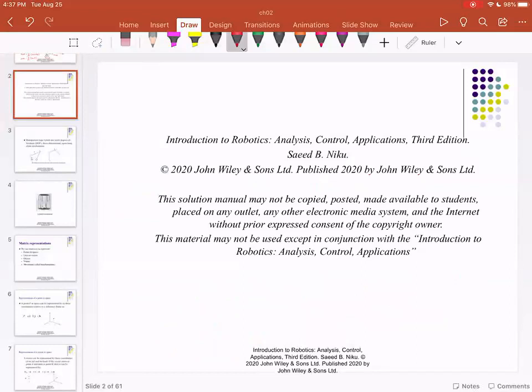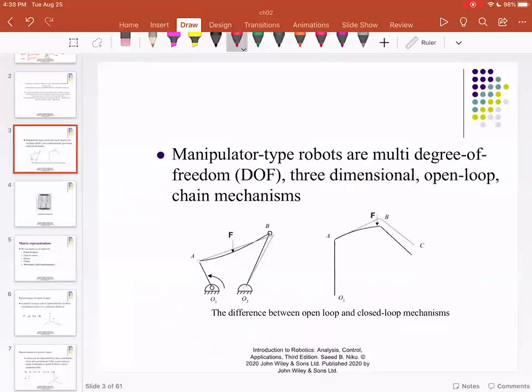But just to give you an idea where we are going with all this material, we are going to look at analysis of open loop mechanisms. A mechanism is the assembly of linkages that are formed to get some functionality output.